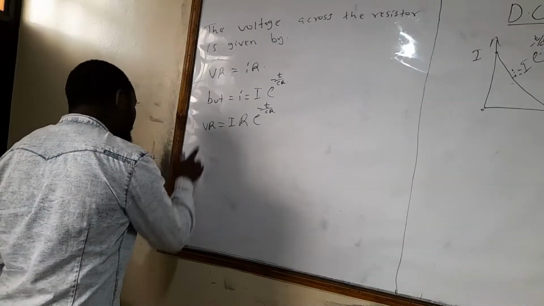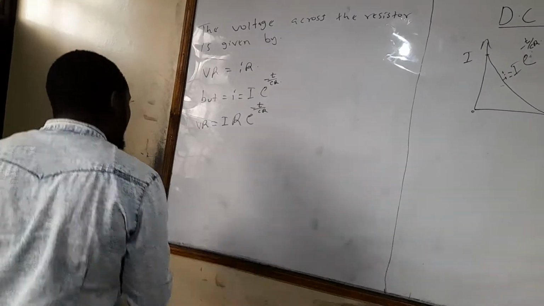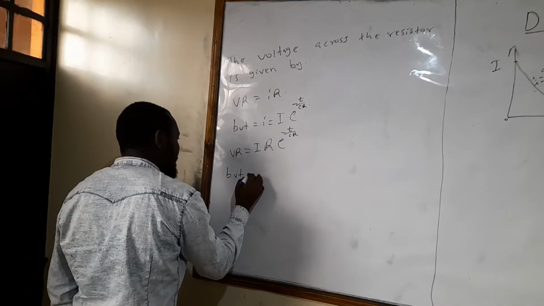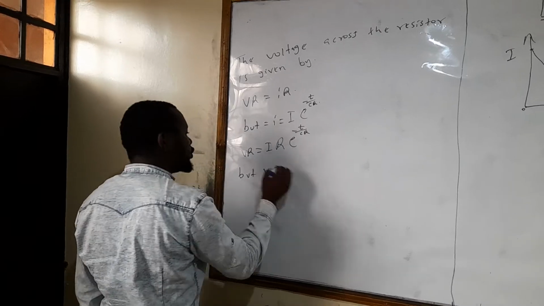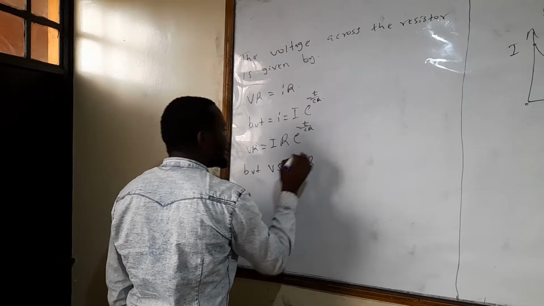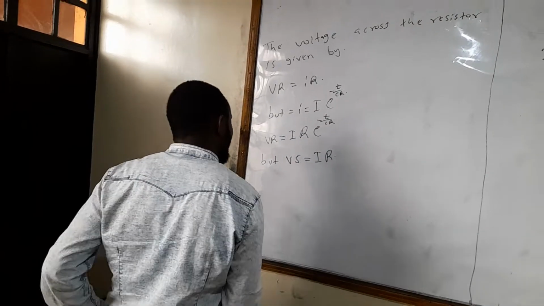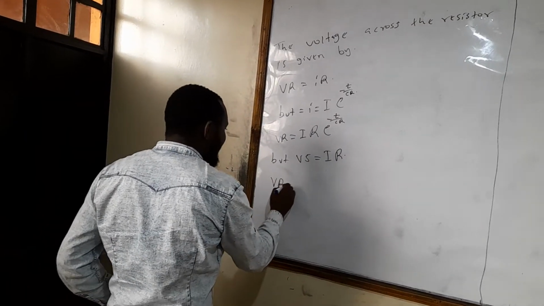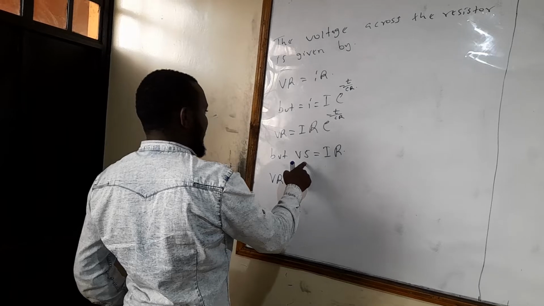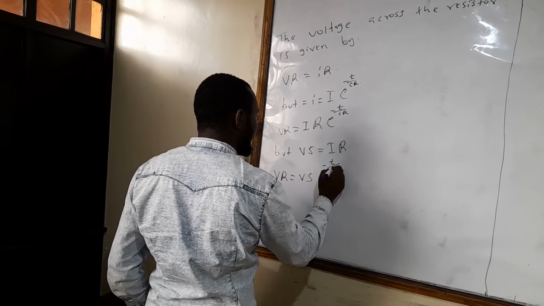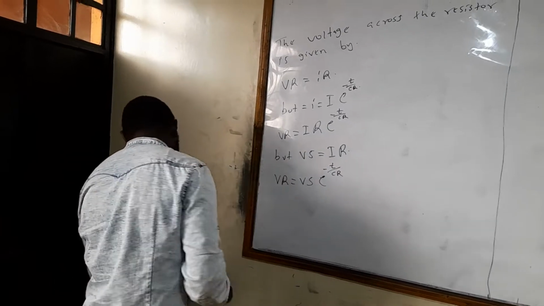But we know that VS is equal to IR, using Kirchhoff's law. I hope you can remember that. Therefore, VR is equal to VS e power negative t over CR.